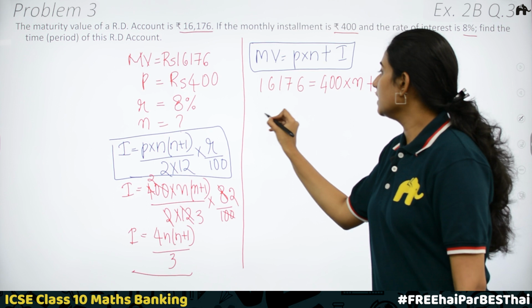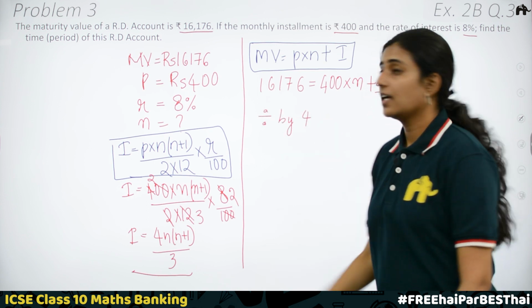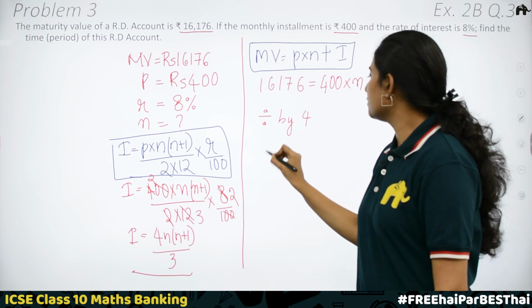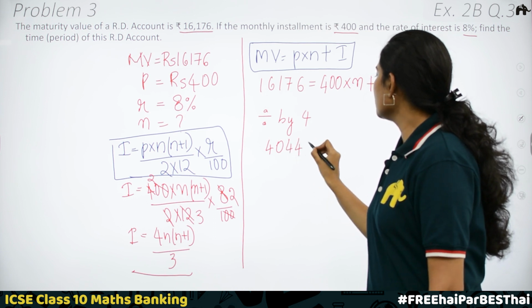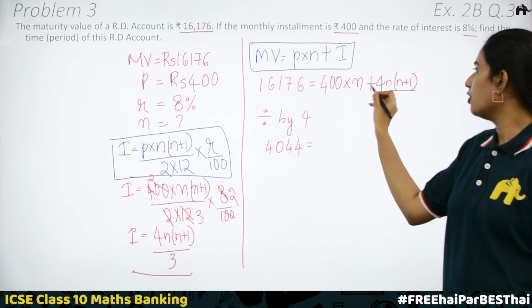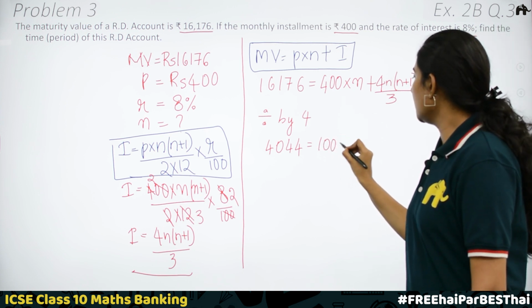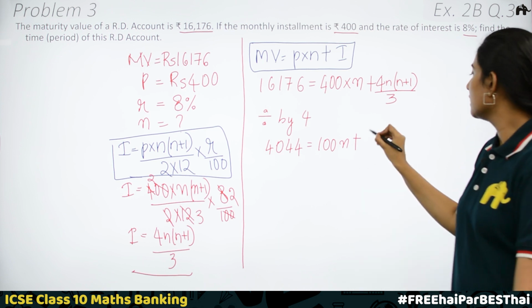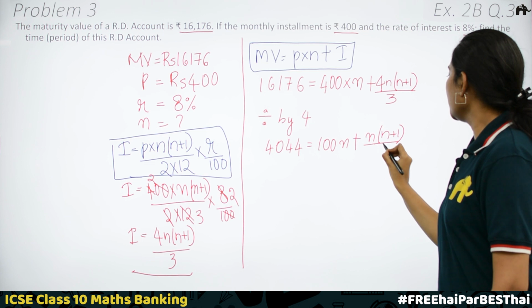Here we can divide throughout by 4. Dividing throughout by 4, you will be getting 4,044 is equal to 400 becomes 100, 100 n plus, this 4 can be removed, n into n plus 1 divided by 3.